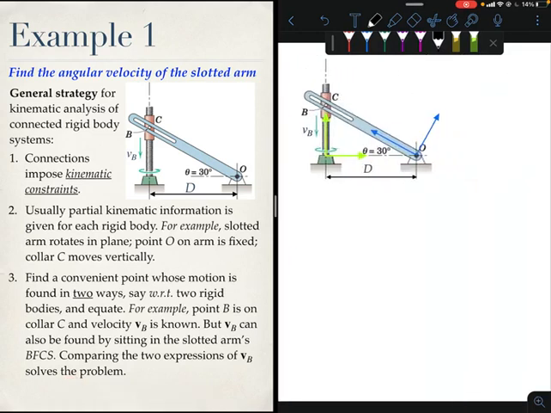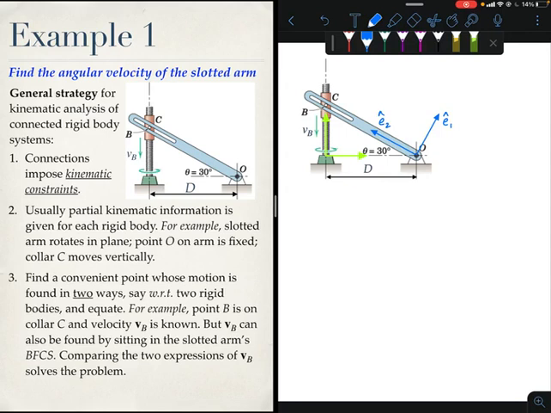So over here on the right I have redrawn the connected rigid body system, and I have also put in some coordinate systems. What are these coordinate systems? The blue one is the BFCS for the slotted arm, and as usual I will encode it with unit vectors e1, e2, e3 is out of the plane.